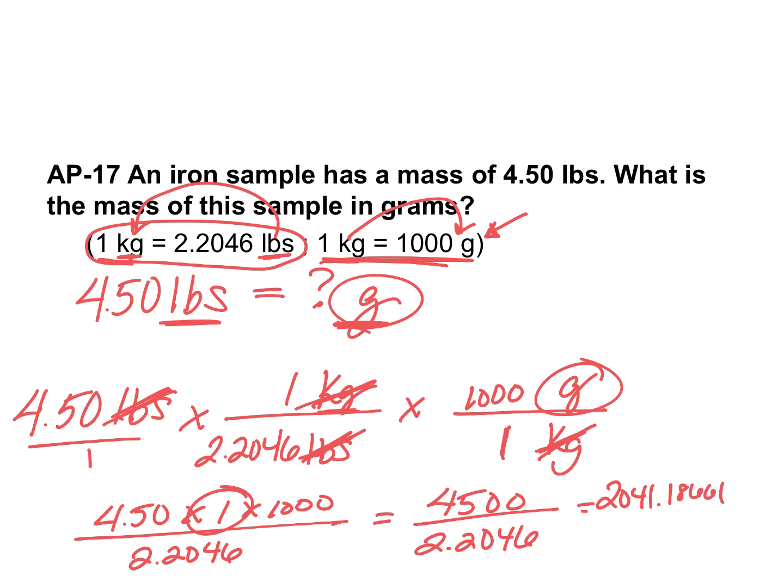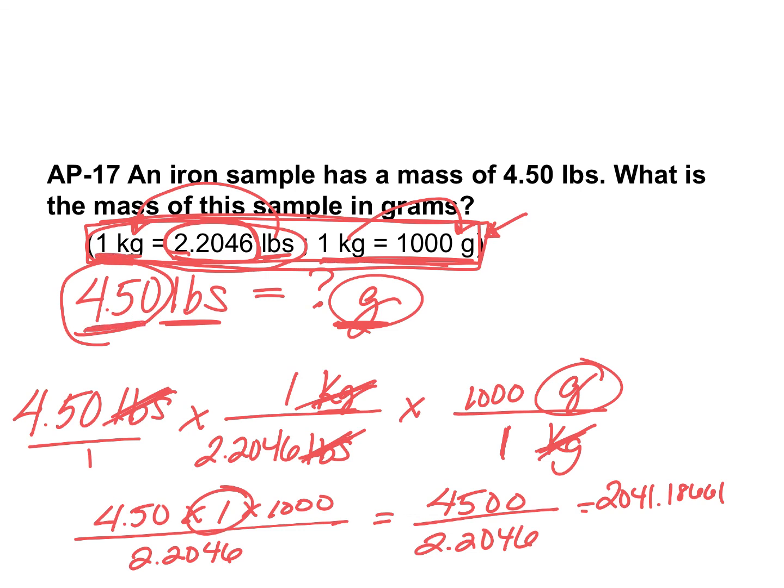Let's go back and think about sig figs. Our original known number had 3 sig figs. All of these conversion factors are going to be exact numbers unless you have something that looks like this, where it feels like a bunch of random decimal places. But usually these conversion factors that we give will have more sig figs than your original number does, which is something to keep in mind.